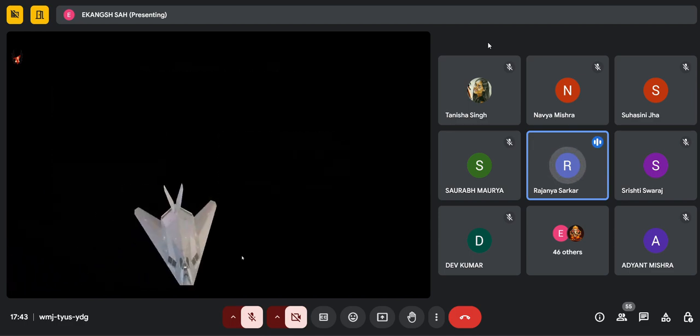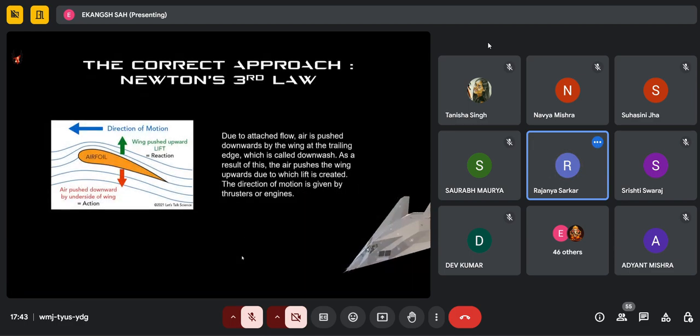Okay, moving on to the next slide. Let's see how Newton's third law comes into play in this case. As we have discussed, the air particles come and flow along the wing surface due to the adhesive forces or due to the viscosity. So what does an airfoil do? It basically pushes the air molecules in the downward direction.